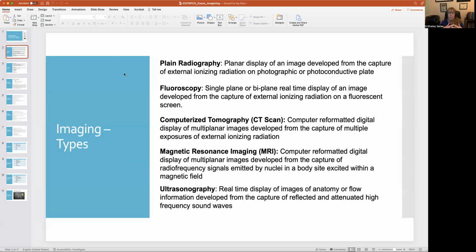So remember that spending a little time researching why a CT scan would be used versus an MRI. What do the two different types of imaging give the radiologist, give the physician? What details are provided by one, not the other?